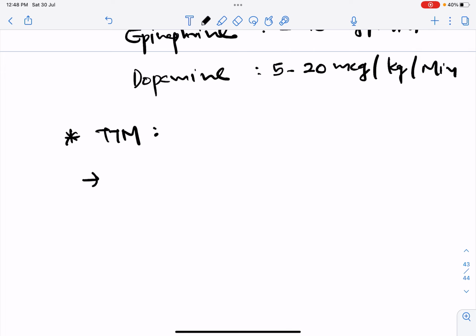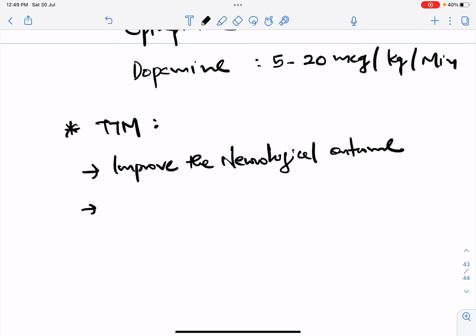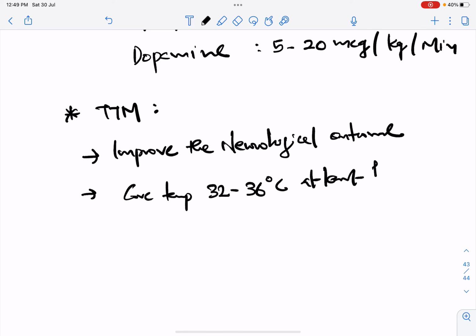It is done to improve the neurological outcome. In targeted temperature management, we have to keep the core body temperature between 32 to 36 degrees Celsius, maintained at least for 24 hours.